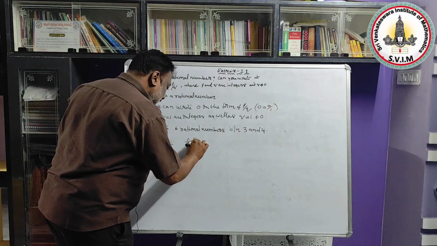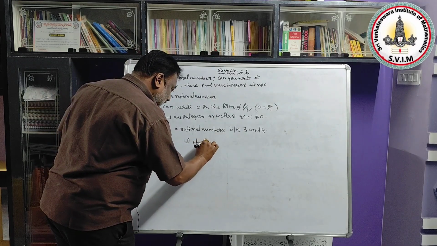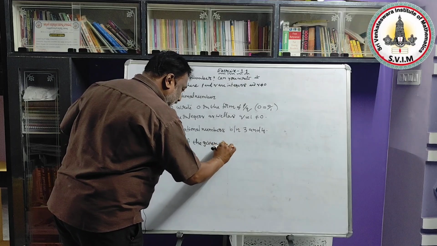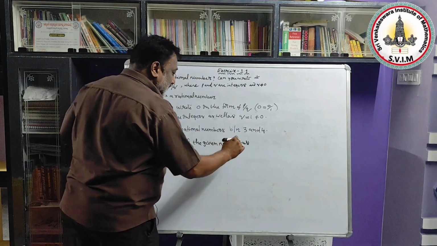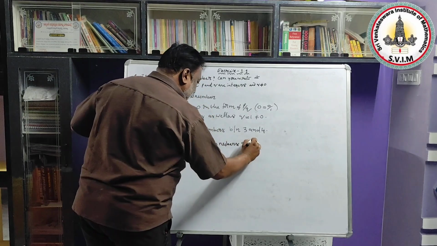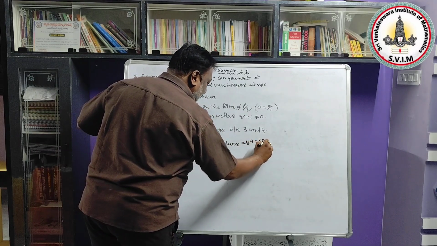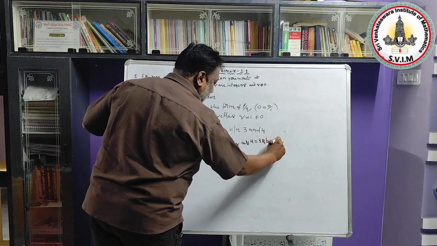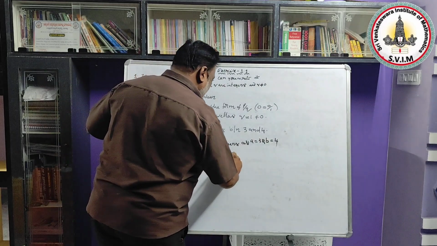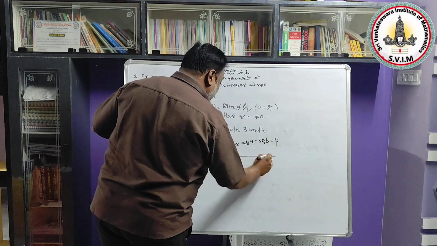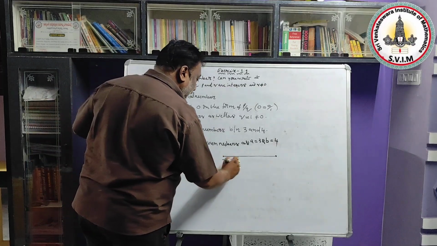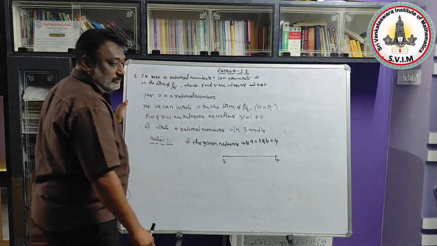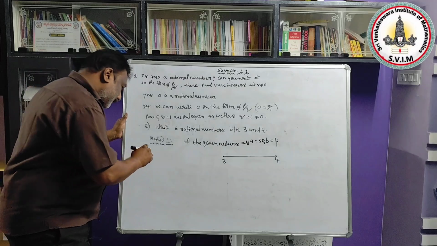Let the given numbers be A equal to 3 and B equal to 4. Here I am taking a number line to represent the required 6 rational numbers between 3 and 4. That's all. Now listen to me.